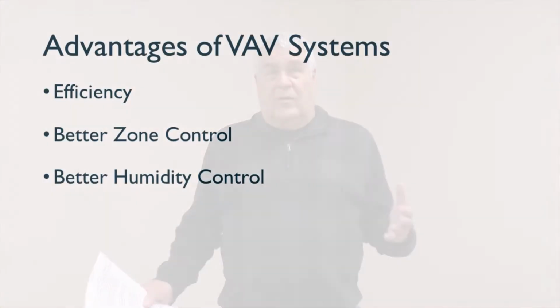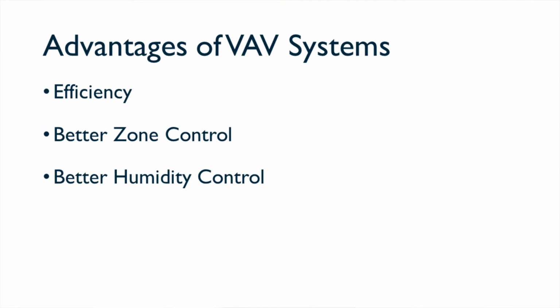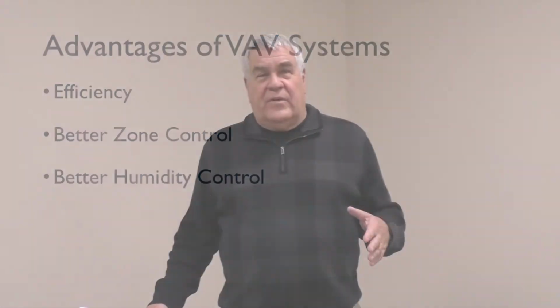The VAV systems provide you zone control, and they also provide you with better dehumidification. We don't have the humidity issues with VAV, because again, we're load matched. We can offload or reduce our capacities and shed some of the load on these rooftop units.